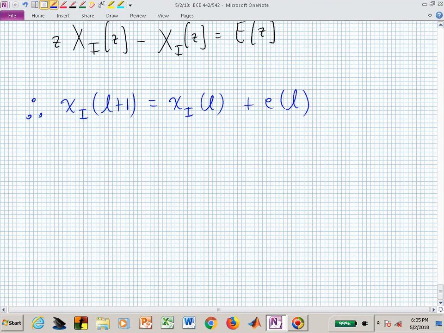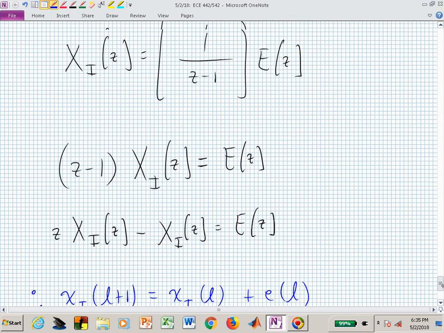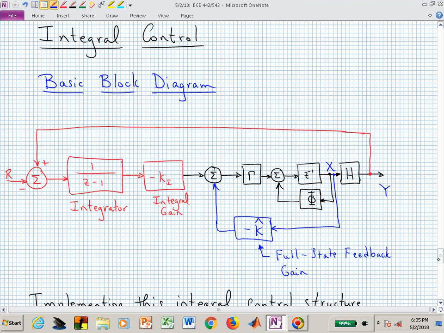But we know that signal E, from the block diagram, that's actually right here, is made up of the output Y and the reference input R. It's just their difference.